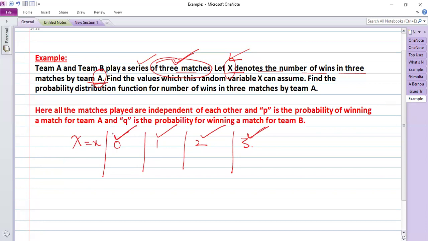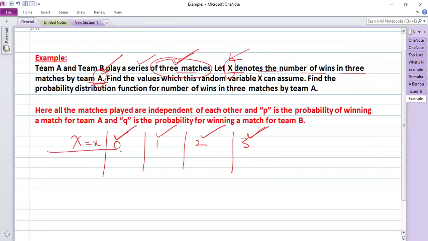The concept of a draw or tie is not there. So in a certain sense, this question is also a case of Bernoulli trial. Here, our success is if the match is won by Team A, and if Team B wins, then that is our failure.